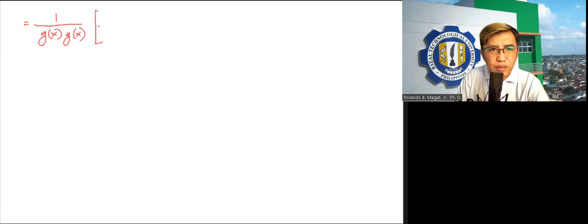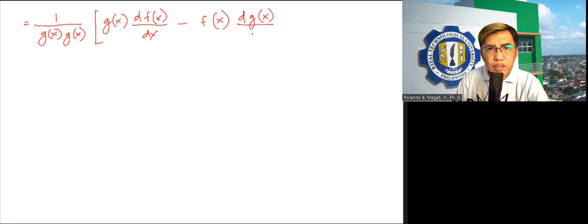Times, meron tayo ditong gx. Then we have here d of f of x all over dx minus f of x, then we have here d of g of x all over dx. May parenthesis siya, naka-enclosed kasi grouping symbol ibig sabihin.